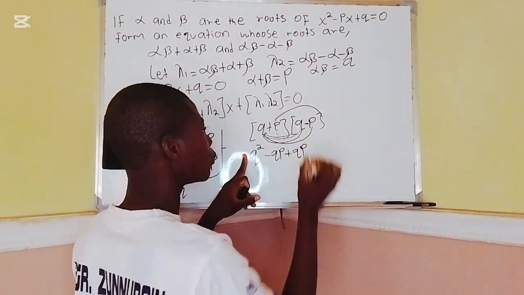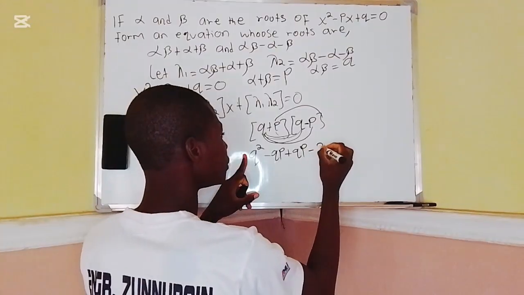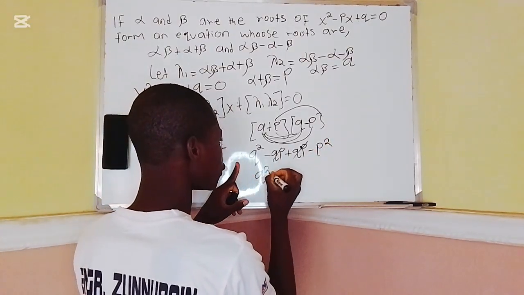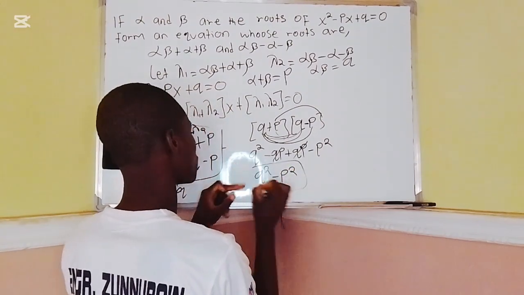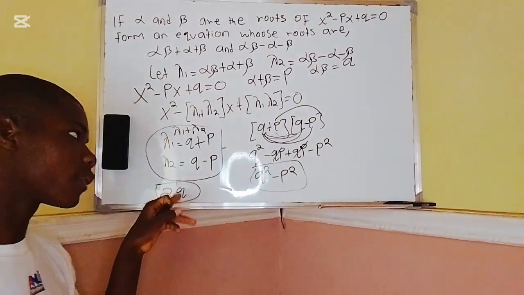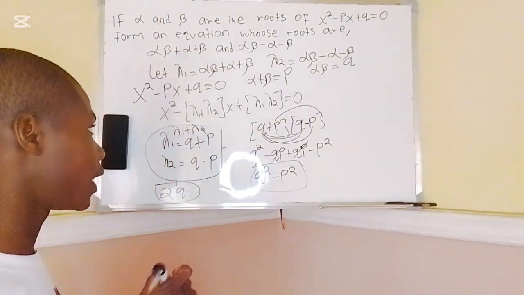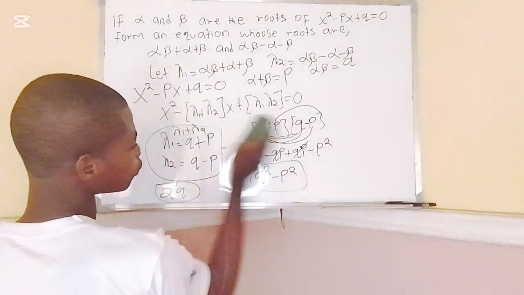And p multiplied by negative p gives negative p squared, and the qp terms cancel each other. So I have q squared minus p squared. So this is the sum of the roots, and this is the product of the roots of lambda 1 and lambda 2.